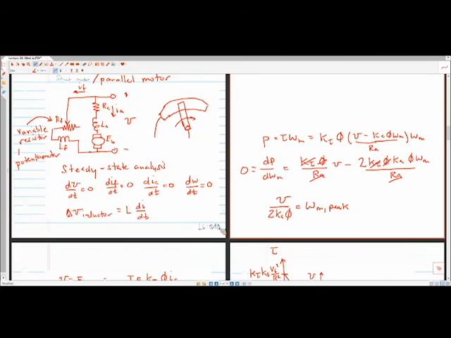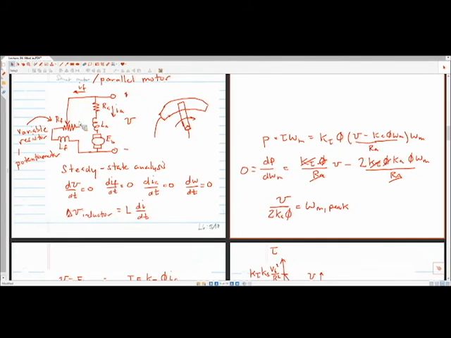Now, if we look at the circuit for the fields here, nowhere in here is the current running through the field dependent on the back EMF, which is proportional to the speed of the motor, right? Because the current is just dependent on the voltage and this resistor value. That's it, right?